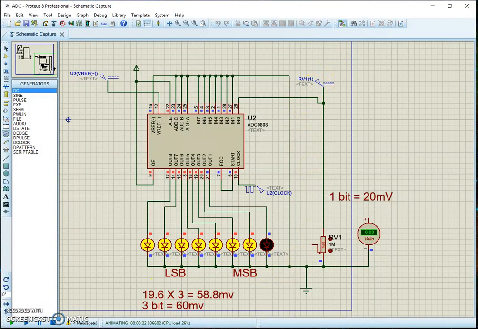So let's change it. 1 divided by 15.7 milli is equal to 63.6. Okay, using the calculator method earlier.